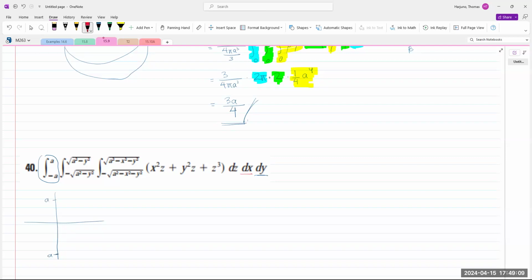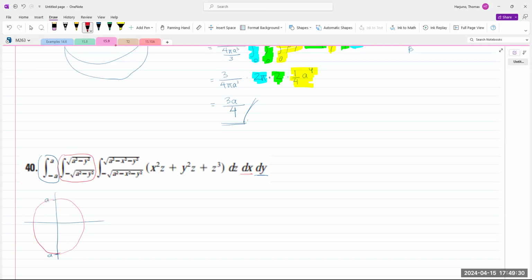The x is from a squared minus y squared. So it's actually a disk, huh? Yeah, a disk.